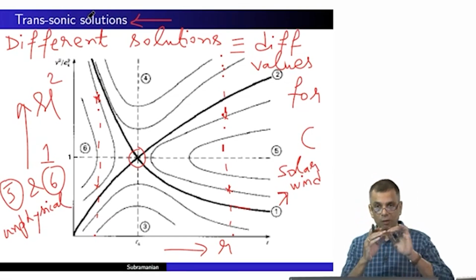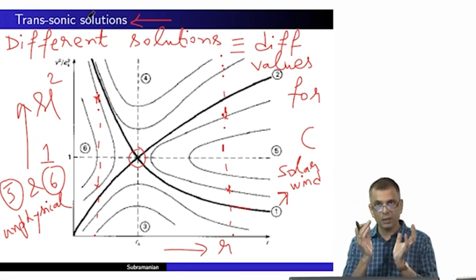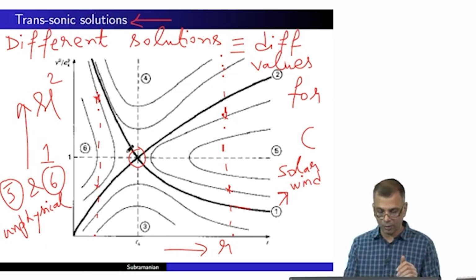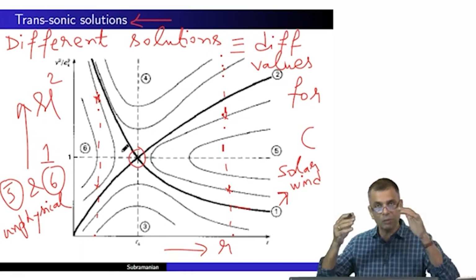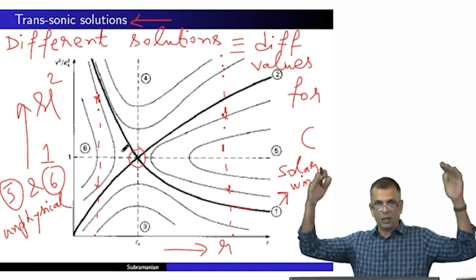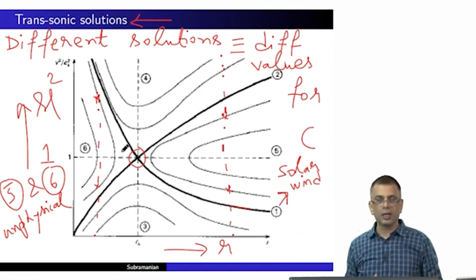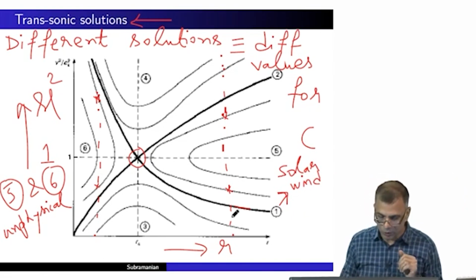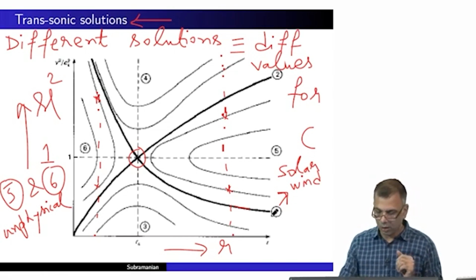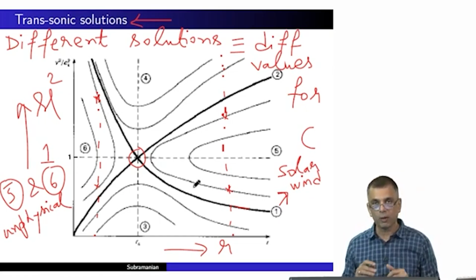So, you start from the surface of the sun, you have a subsonic flow, and it passes through the sonic point smoothly, and then it becomes a supersonic flow as you go on. Okay, and this is a spherically symmetric solution. So, we will talk a little more about this kind of a supersonic solar wind, the solutions of the kind labeled by 1, when we meet next.